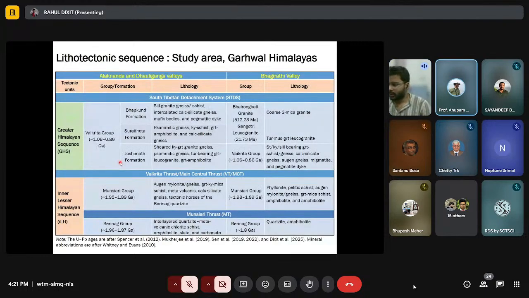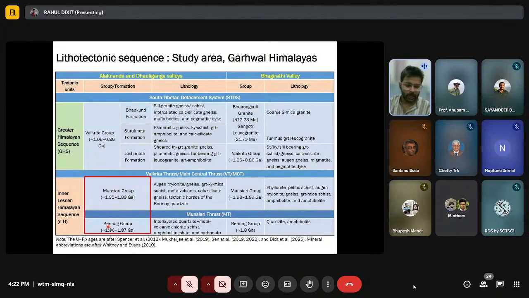When we talk about the lithotectonic sequence in the study area, as you can see, starting from the south in the Inner Lesser Himalaya, it goes up to the South Tibetan Detachment and the Tethyan Himalayan sequences. This lithostratigraphy is from the Alaknanda, Dhauliganga and Bhagirathi valleys. Right from the Inner Lesser Himalaya, it consists of two major groups: the Berinag group in the south and the Munsiari group in the north, separated by the Munsiari thrust.